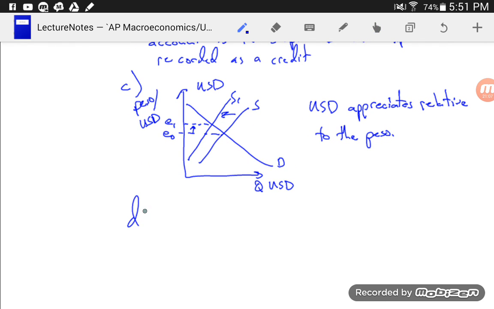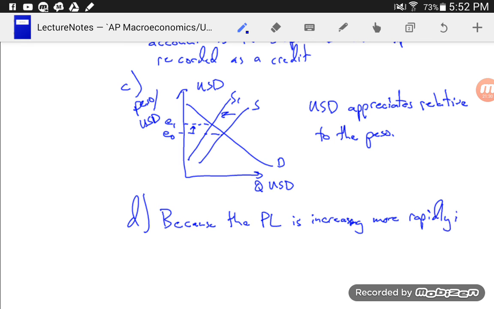So because the price level, and I'm just going to initial that with PL, is increasing more rapidly in Argentina, because that price level is rising more rapidly in Argentina, U.S. goods are becoming cheaper by comparison.